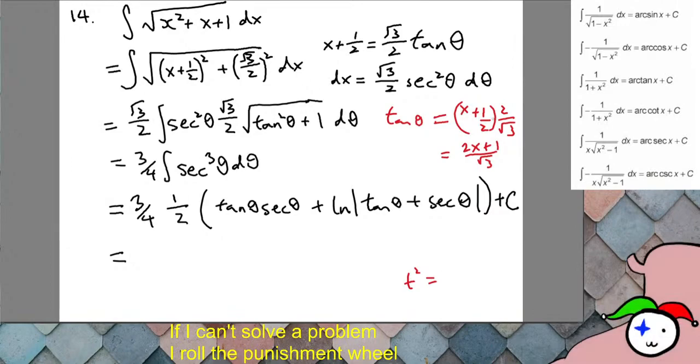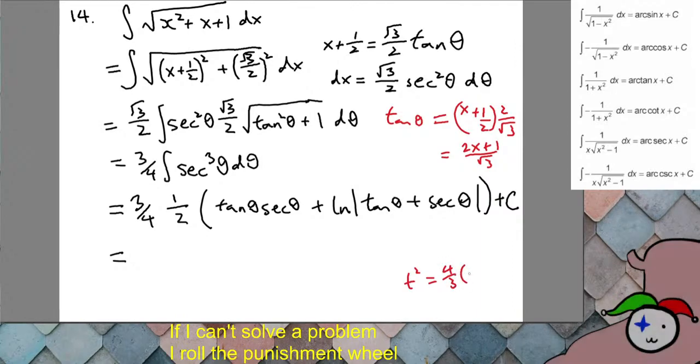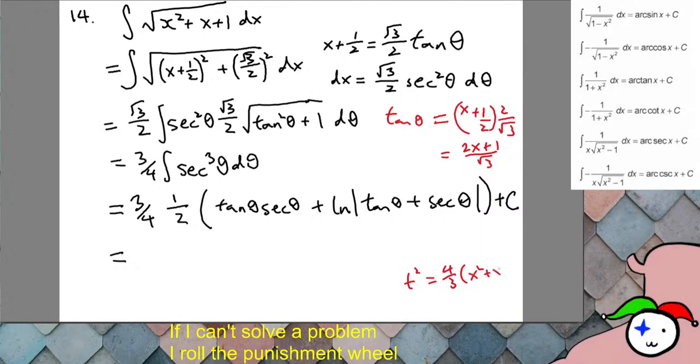Well, it's x plus half squared, which we know is x squared plus x plus a half plus squared times 4 over 3. So it's 4/3 of x squared plus x plus 1/4.